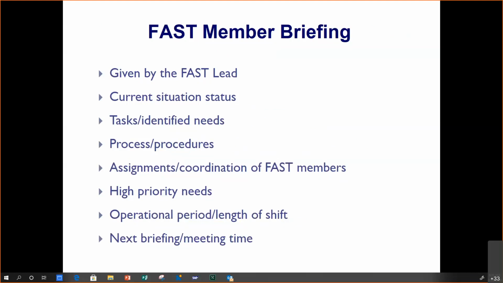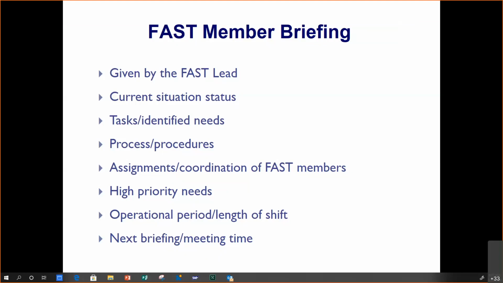The FAST lead will give you updates on perhaps something they've learned from the shelter manager on situational awareness that you need to be aware of, any changes that may have happened in the previous shift that need to be addressed during the shift, any new residents that maybe come in that they may want you to talk to, and any information that possibly the health and services worker or DSS or the public health nurse may want to pass on and make sure that you have.